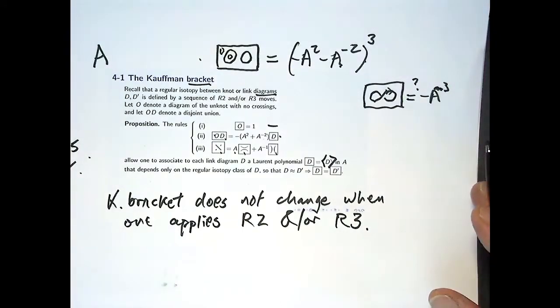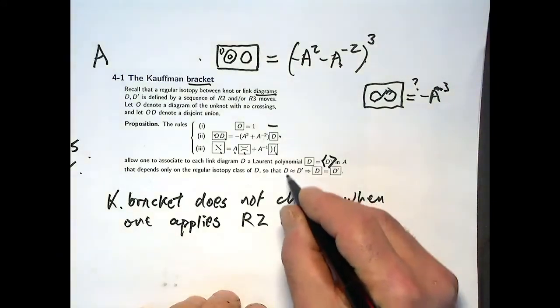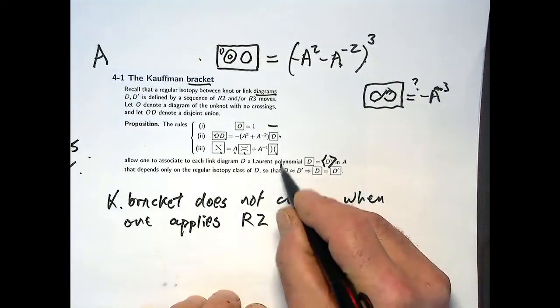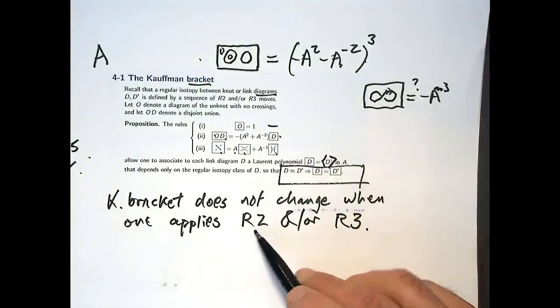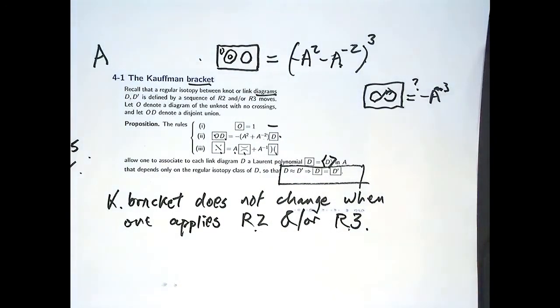But if you can get from one diagram to the other without using R1, so you're allowed to use the deformation and any R2s and R3s, the diagrams are called regularly isotopic. That's a stronger notion, denoted with this double twiddle. And that won't change the Kauffman bracket. So if the diagrams are regularly isotopic, meaning you get from one to the other with a sequence of R2 and R3s, then the Kauffman brackets are equal.